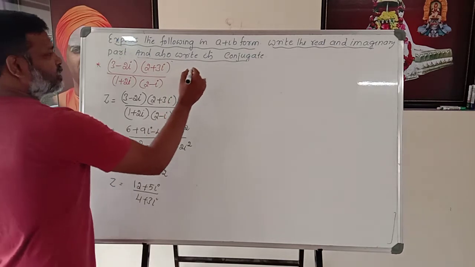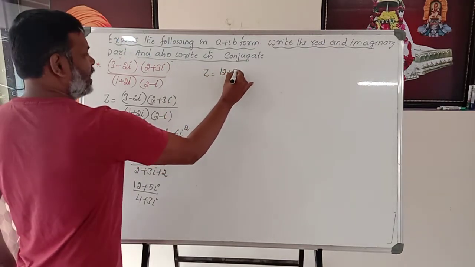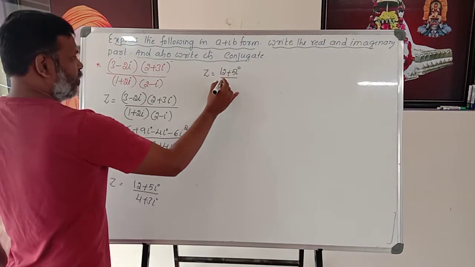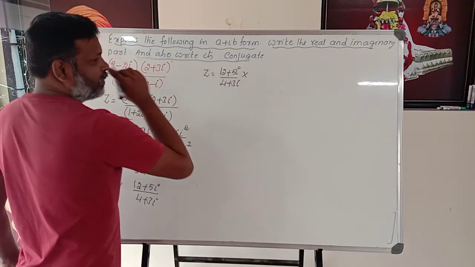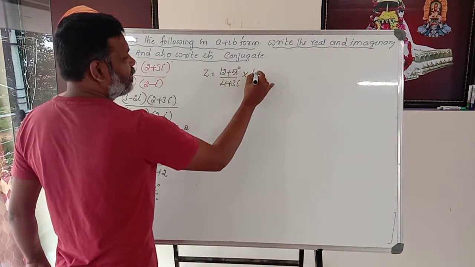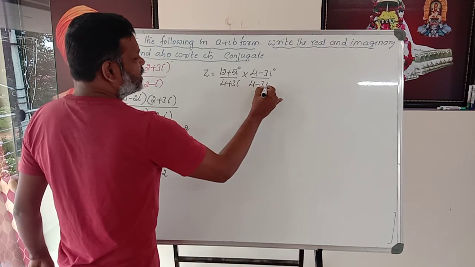12 plus 5i divided by 4 plus 3i is given. Now I have to multiply and divide by the denominator's conjugate, 4 minus 3i divided by 4 minus 3i.